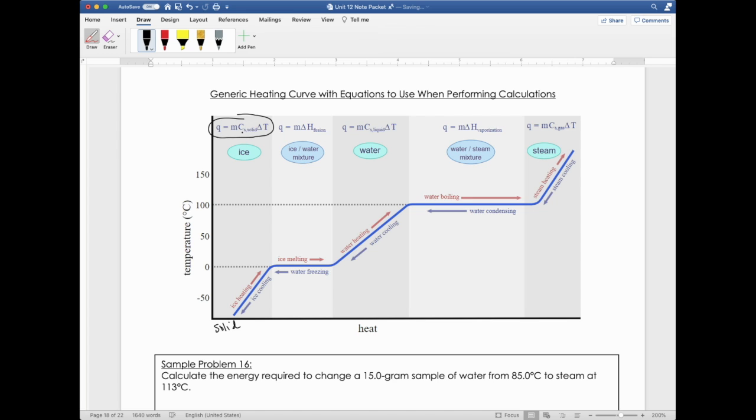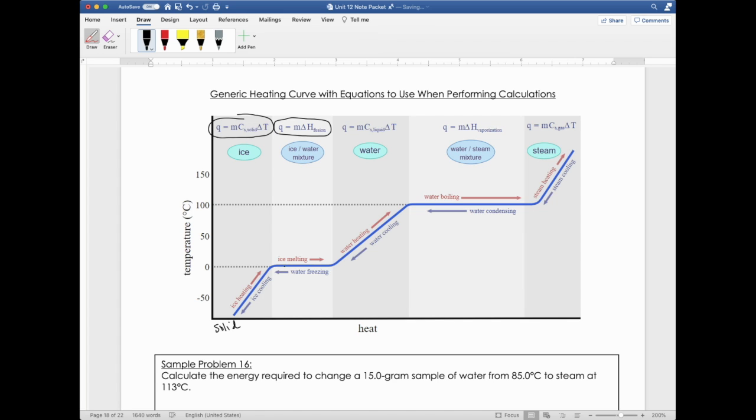When I start to go through the melting process, this must be for water, because of course we have a melting point at 0 degrees and boiling point at 100. When ice is melting or water is freezing, I don't have a change in temperature. Therefore, we have to use the equation Q equals M times the enthalpy of fusion. And we can't have a delta T in there because there is no change in temperature.